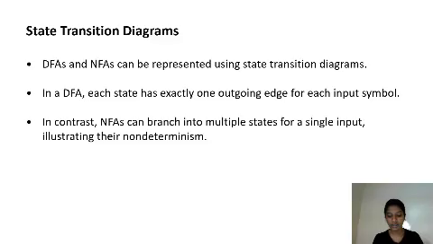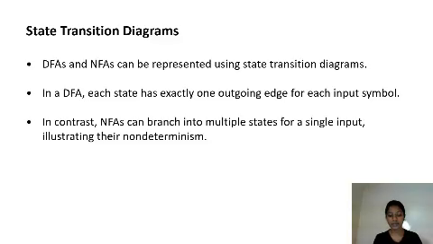Although NFAs are generally less efficient in processing input strings than DFAs, NFAs can be converted into an equivalent DFA. In the DFA, for each state and every input symbol in the alphabet, there is exactly one possible transition state. This characteristic distinguishes it from other types of automata, making it a deterministic finite state machine or deterministic finite acceptor.